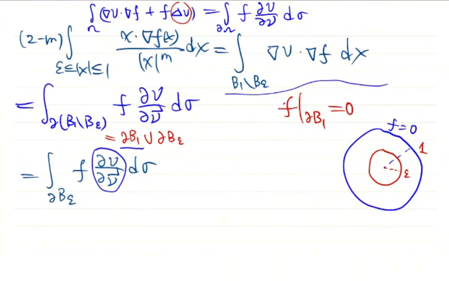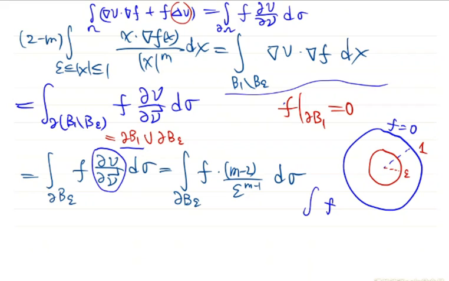So this is the integral of f times (m minus 2) over epsilon to the m minus 1. Applying the mean value theorem, which says that for a continuous function, the integral of f over a surface equals the value at some point on the surface multiplied by the area of the surface.